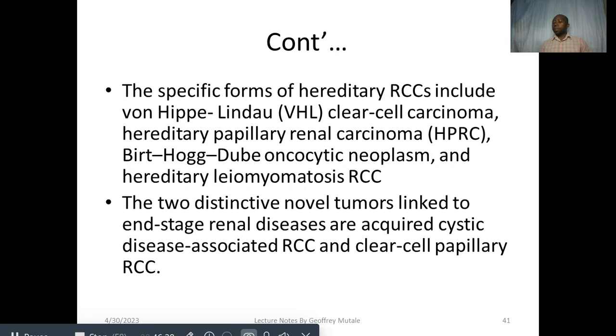The two distinctive novel tumors linked to end-stage renal disease are acquired cystic disease associated renal cell carcinoma and clear cell papillary renal cell carcinoma.